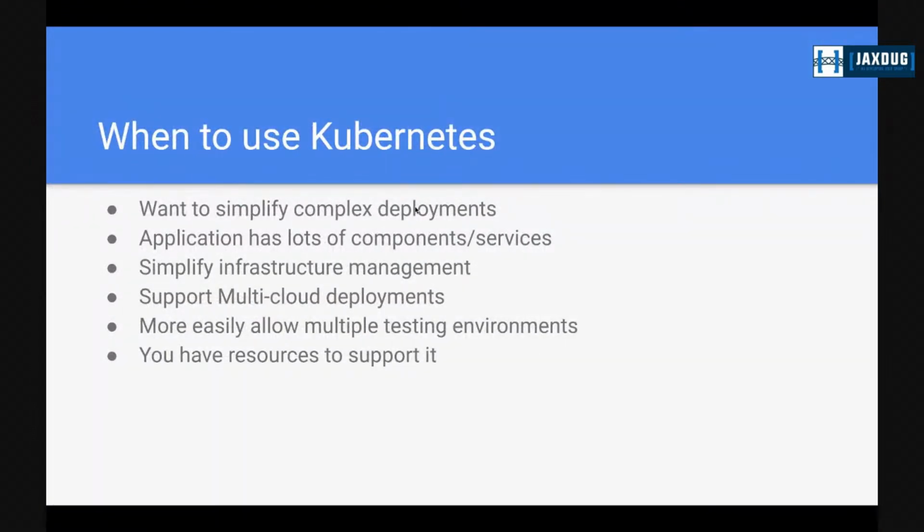If you've got lots of different components and services, I've worked on systems that had 20, 30, 40 different services that need to be deployed, some at the same time, unfortunately, and some don't have to be, but this makes it easy to help manage that.